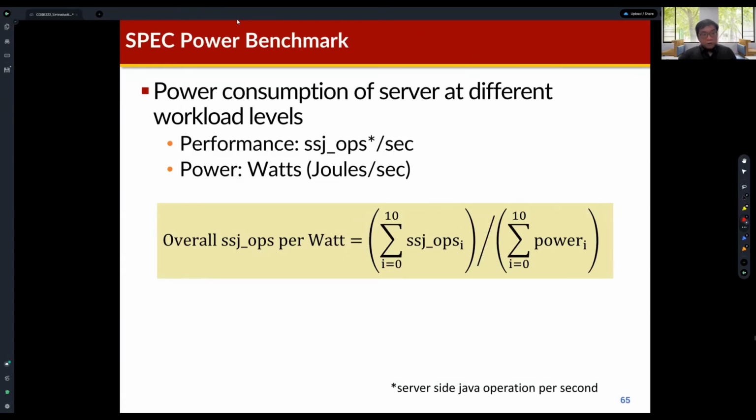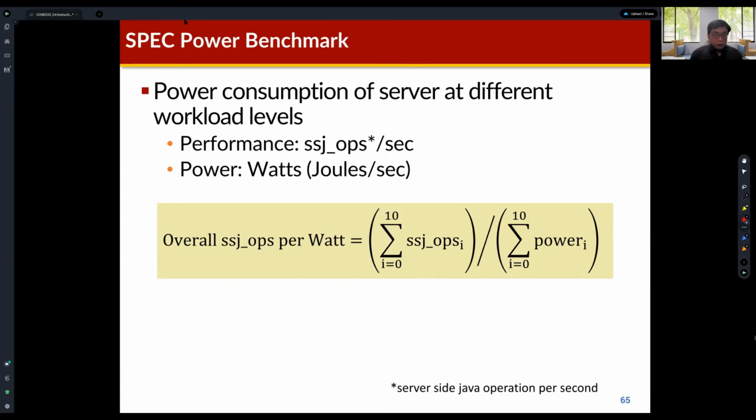We can also measure the power consumption of a system. It's a system, not just the CPU. So we can use a different type of benchmark, called the SPEC power benchmark.